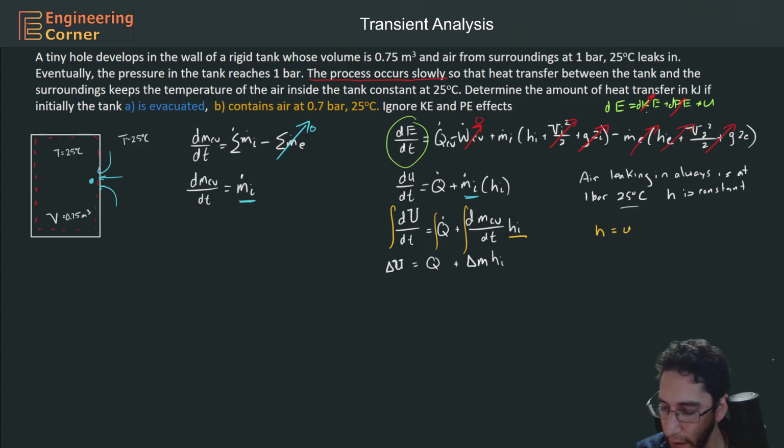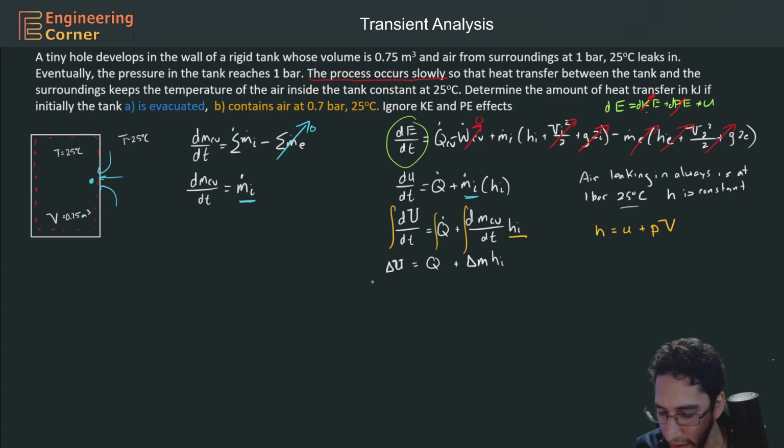We also know that enthalpy is equal to our internal energy plus PV. So let's make that substitution. And at the same time, let's think about what our change in internal energy is.